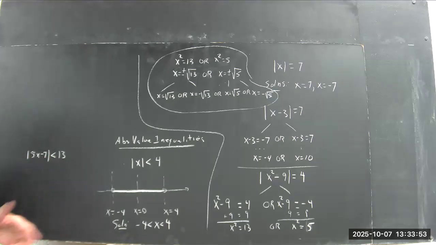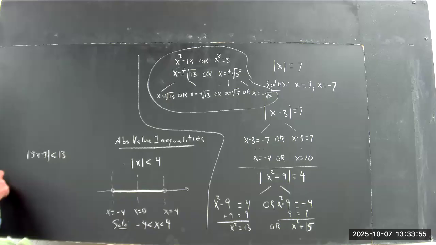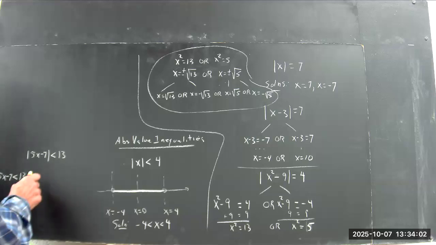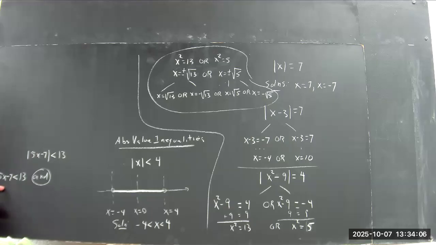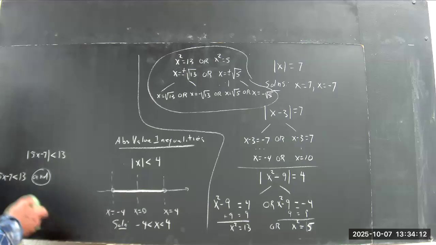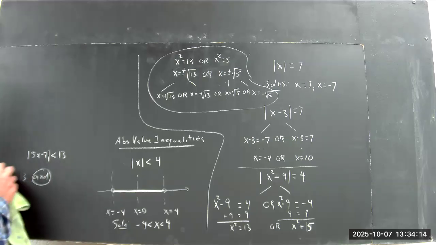So we can say that 5x has to be less than 13, and I'm going to write the other inequality first.